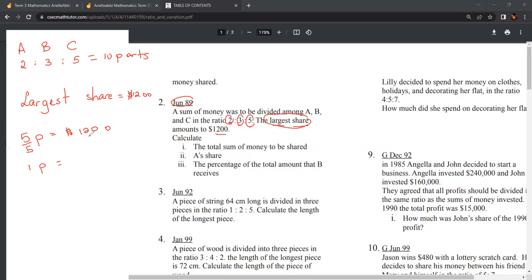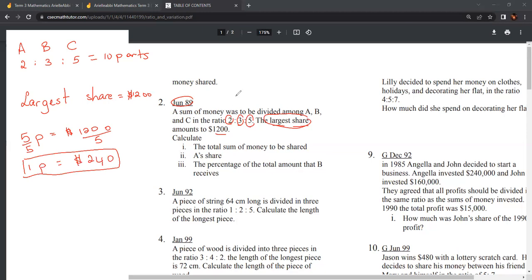But whatever I do to this side, I must do to this side. So that's 1,200 divided by 5, which is $240. So 1 part is $240. So we need to find for 1 part, and then we could find for any amount.